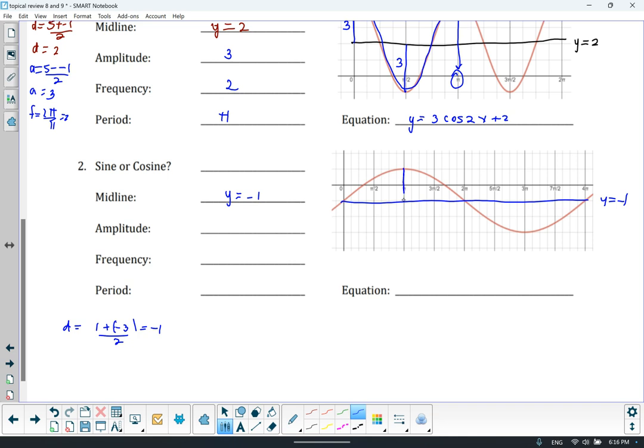And the amplitude should be 2, but let's just use the formula to double check. So it's 1 minus negative 3, and that's 4 over 2, which is 2.